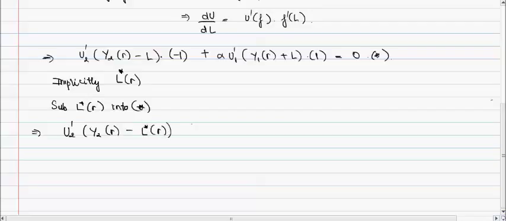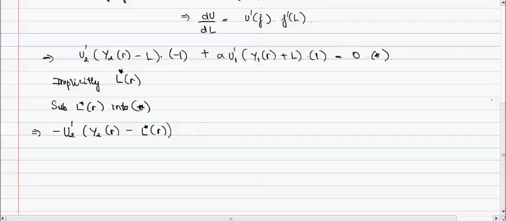I basically repeat the star condition, so I rewrite everything; however, I just substitute the values. Instead of L over here, I put L star as a function of r, because that is what I can find from the star equation. So basically nothing has changed over here. I just rewrite the star condition, however, implicitly indicating that I know that L is a function of r.